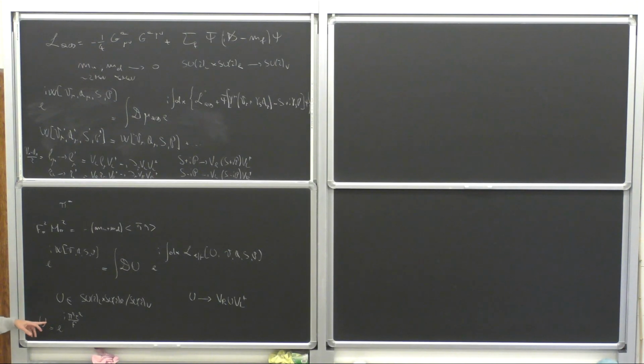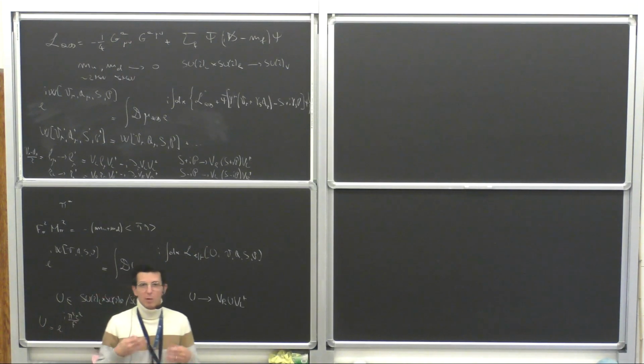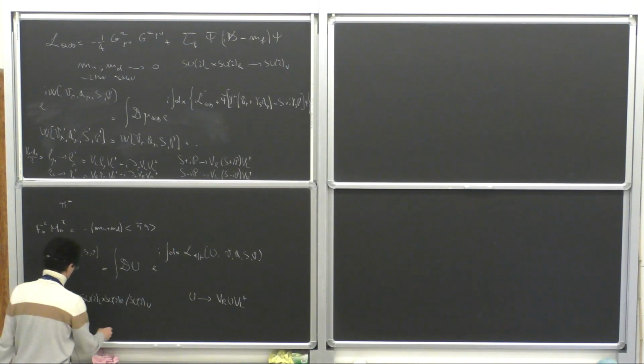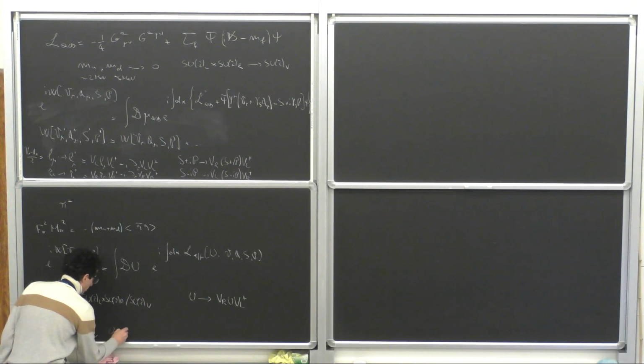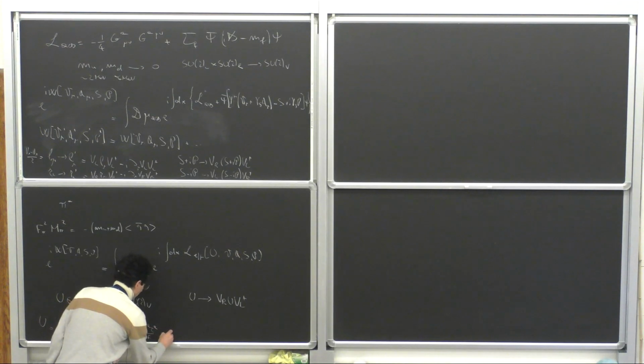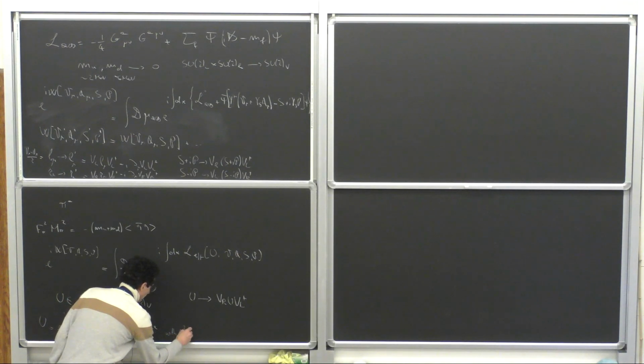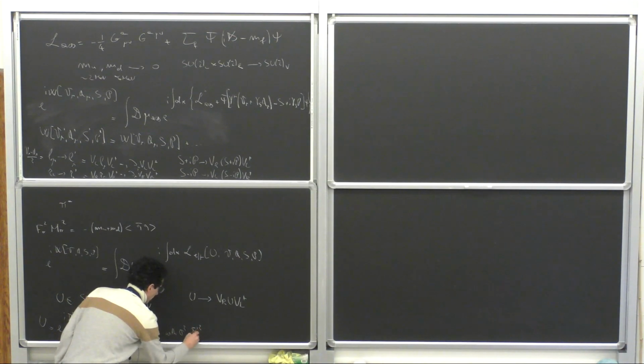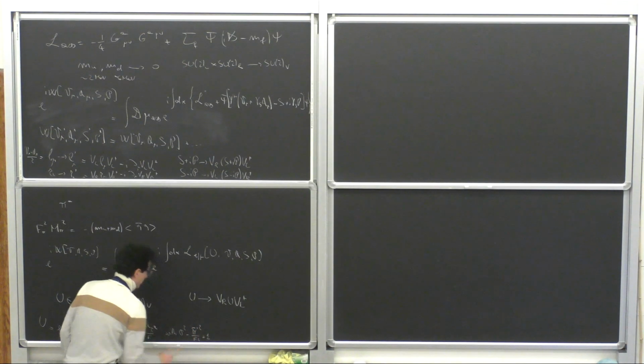But this is not the only one. Of course, this matrix is unitary, okay? It is also special unitary, because these tau are traceless, okay? So it is an SU2 matrix. It's not the only possibility. There is also a so-called sigma model parametrization for this matrix U. So U could also be sigma plus i pi^A tau^A over F, with the constraint sigma squared plus pi squared over F squared equal to the number 1.